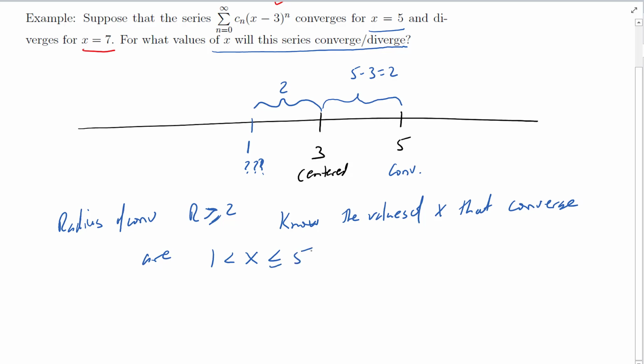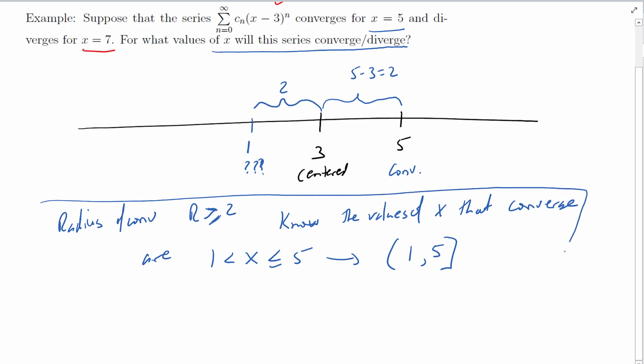Now, the equal we get because the problem told us it converged at 5. If we write this in interval notation, it is parentheses 1 comma 5 with a bracket. So that information about convergence at x equals 5 tells me everything that's boxed in blue.